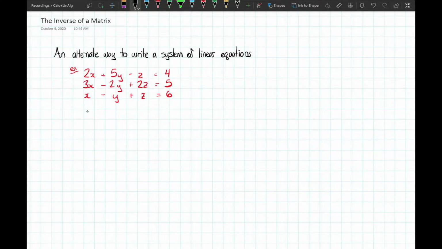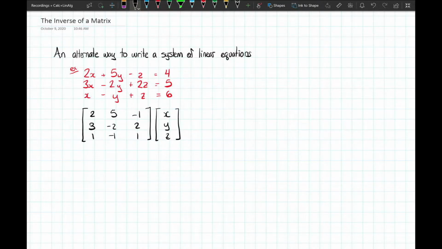If we were just to make a matrix of the coefficients of this particular system of equations, and multiply by a single column matrix, or a vector, of the variables in this problem, x, y, z, then you can see that by multiplication, on our first row and our column, we will have 2x plus 5y minus z, which is exactly the left-hand side of that first equation.